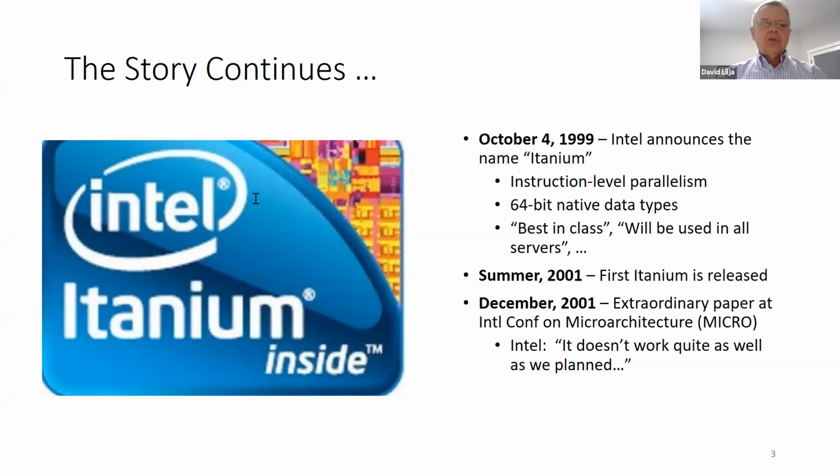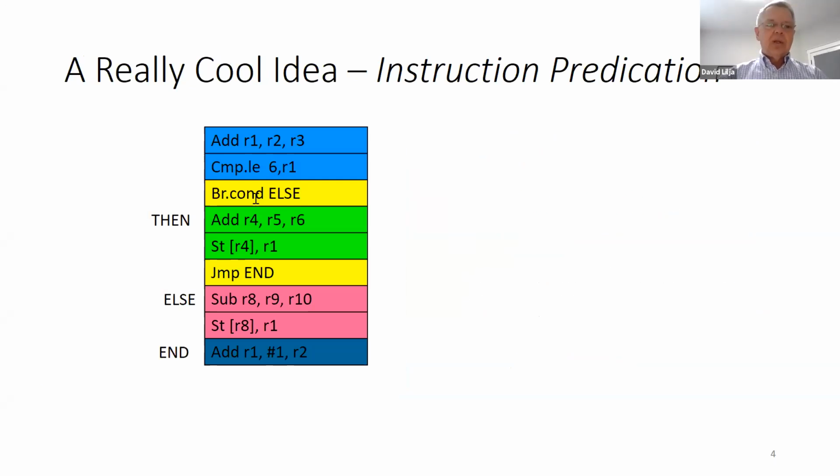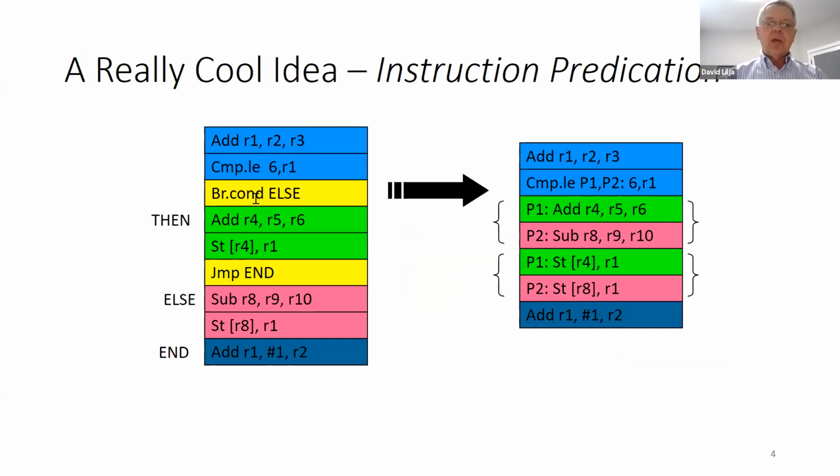Well, they tried a really neat idea. It's called instruction predication. The idea is, on the left here, you've got a sequence of instructions with some branches in there. We're going to change the sequence of instructions and get rid of all those branches. Instead of having those branches, we're going to put in what are called predicates. So P1 and P2 are predicates that correspond to these sequences of instructions.